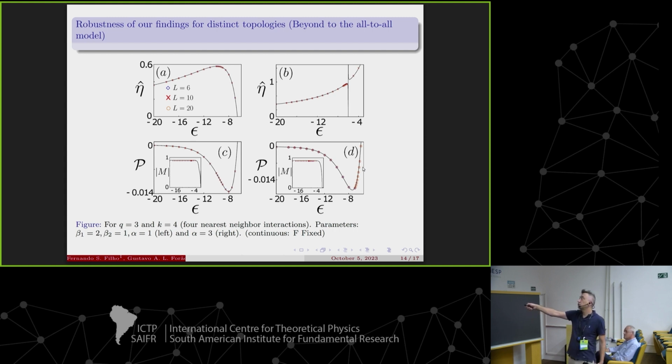The results for this case are the symbols, and for comparison, the continuous lines are the all-to-all case, and you see that the agreement is practically the same, reinforcing not only the reliability of this mean field-like description, but also that this strategy of collective effects for boosting your system performance can be very useful for improving your system.